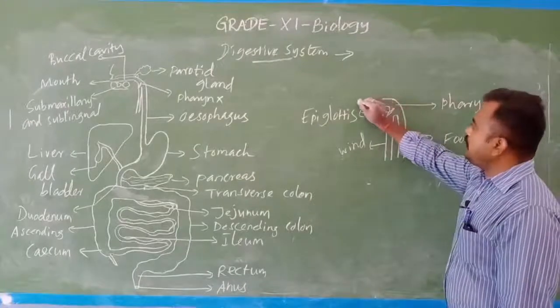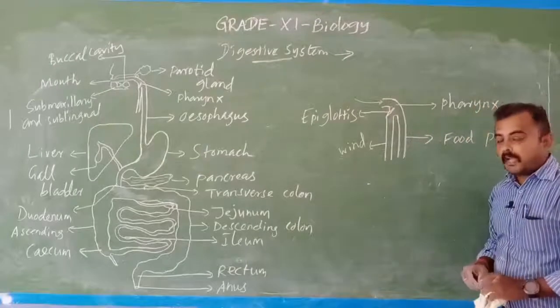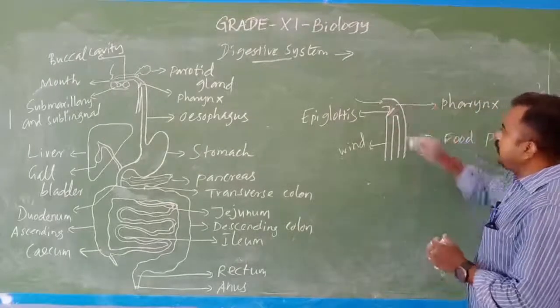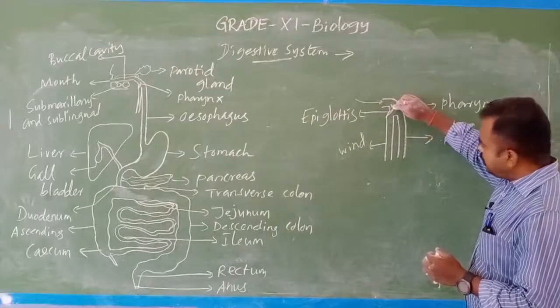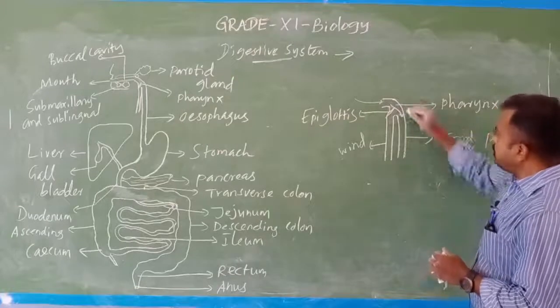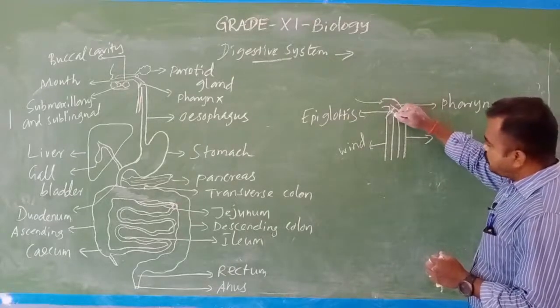When we take the food material, it goes to the oral cavity, then it reaches the pharynx, then it touches the epiglottis, then it goes to the food pipe. When it touches the epiglottis, it will close.